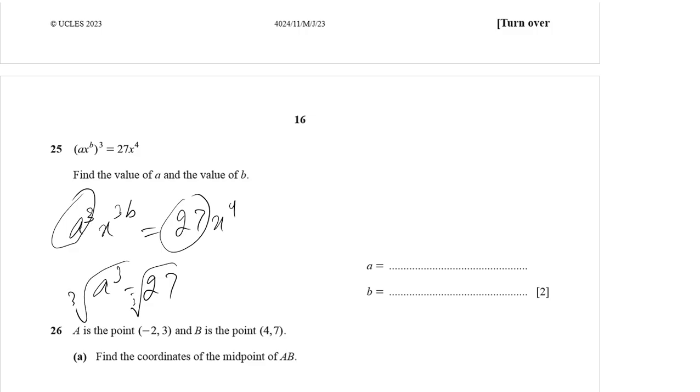So definitely your a is going to be 3. As per your b, you may compare x to the power 3b to x to the power 4. When the bases are the same, you can remove them. Your b would be 4 by 3 then.